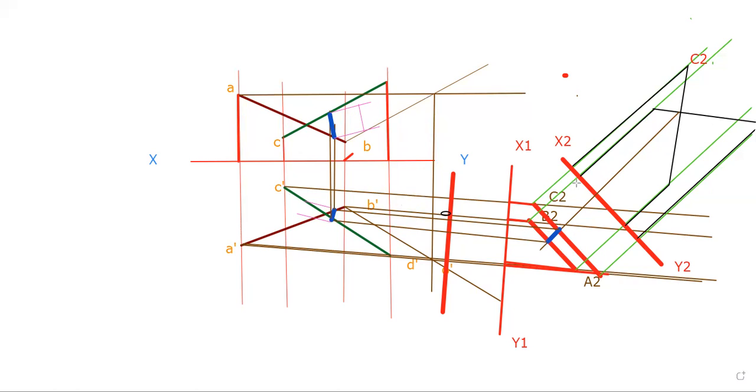However, if you want to find the shortest horizontal distance, which is somewhat different from shortest possible distance, you must draw these points perpendicular to x1, y1. Then you transfer the measurements from this plane, all right? And once you have done that, it will give you a point where both lines cross.